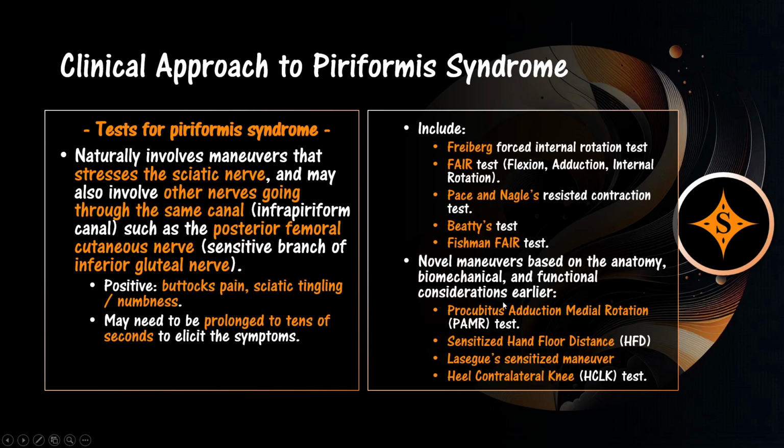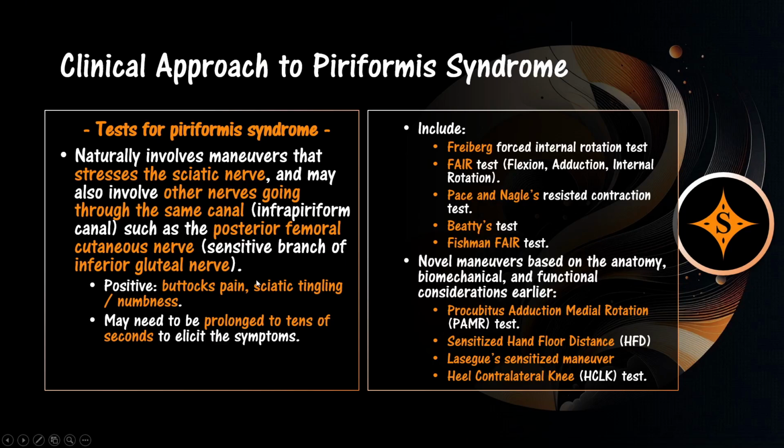And this muscle nexus also naturally intertwines the sciatic nerve that goes through the infrapiriform canal, which means it is likely that one of them can also impinge the sciatic nerve, causing the symptom. These tests are positive, in the majority of cases, when the piriformis pain is elicited by the test, which includes buttocks pain or sciatic tingling or numbness, which is tingling or numbness that radiates down the leg or any distribution of the leg.